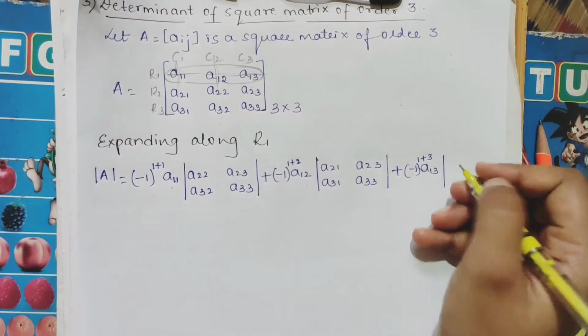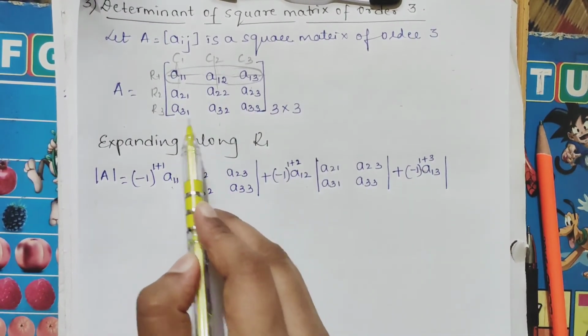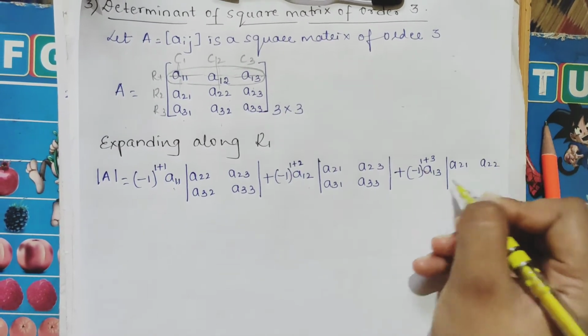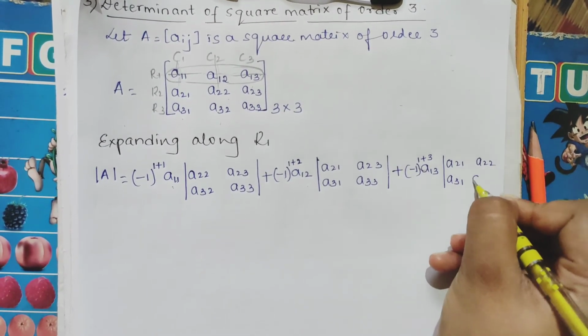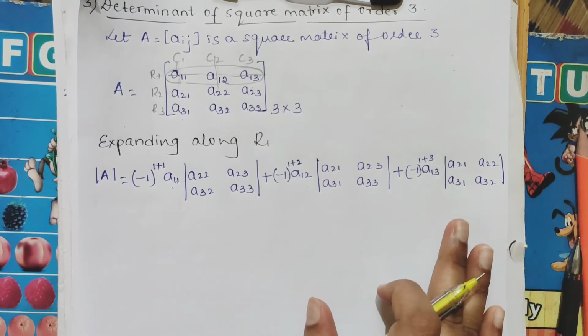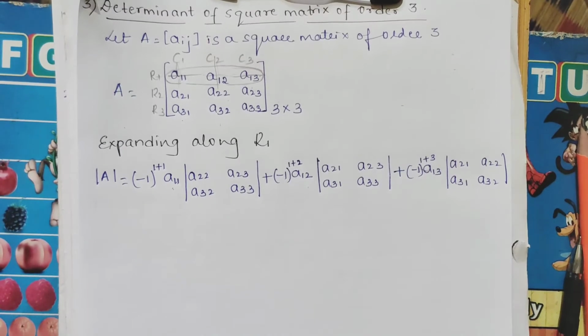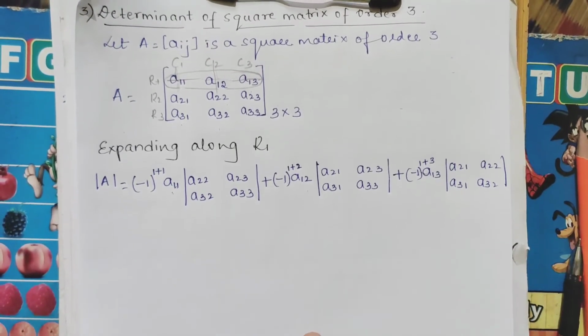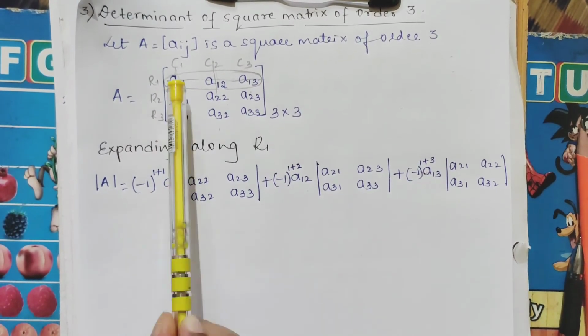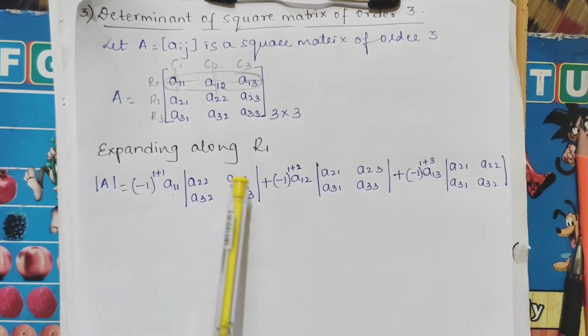The remaining elements are A21, A22, A31, A32. You will get it in such a way. How do you do it? You are expanding along row 1, so row 1 elements: A11, multiplied with minus 1 raised to 1 plus 1.